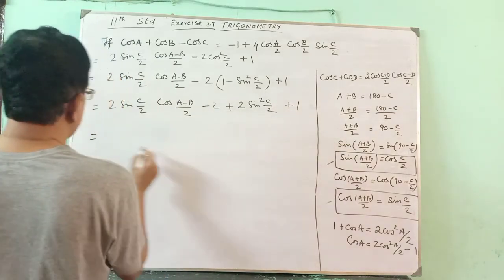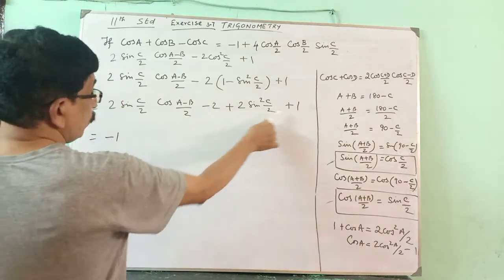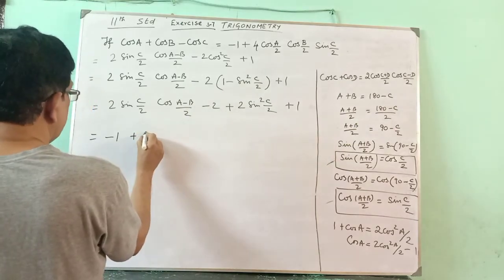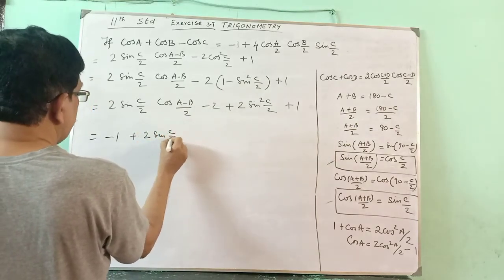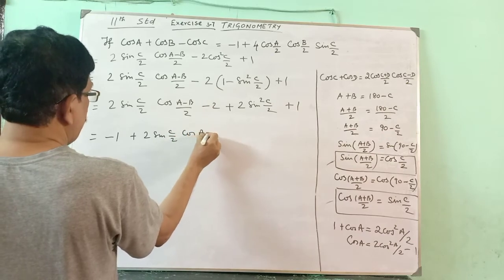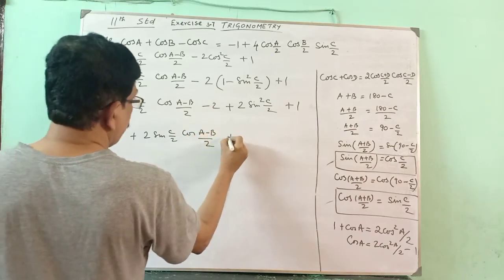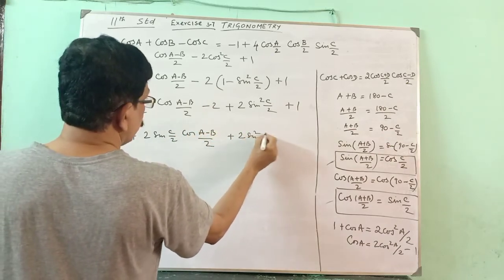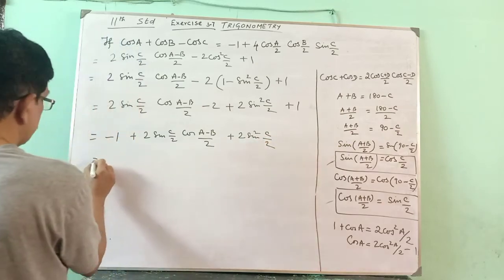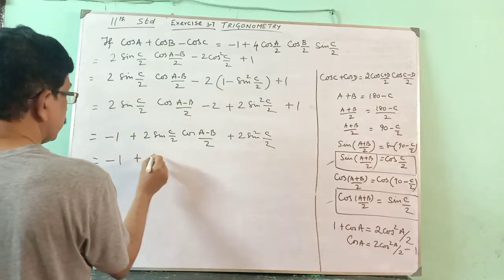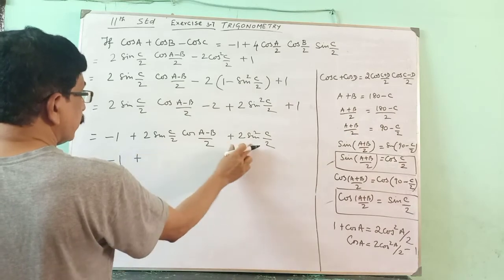Minus 2 plus 1 is minus 1, so the remaining terms are 2 sin c/2 cos (a−b)/2 plus 2 sin² c/2, equal to minus 1 plus. Here 2 sin c/2 is common.